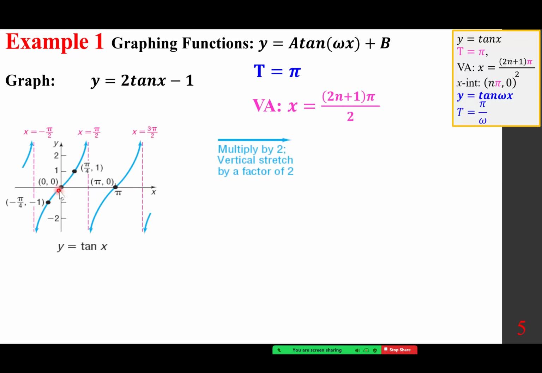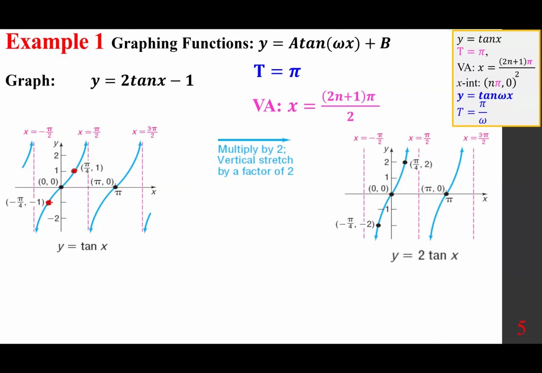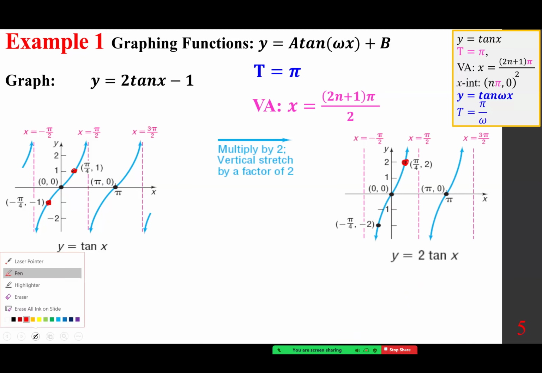That means 0, 0 doesn't change, but pi over 4, comma 1 becomes pi over 4, comma 2. Negative pi over 4, comma negative 1 becomes negative pi over 4, comma negative 2. Nothing else changes, the same vertical asymptotes. Let's use a different color actually for the other.